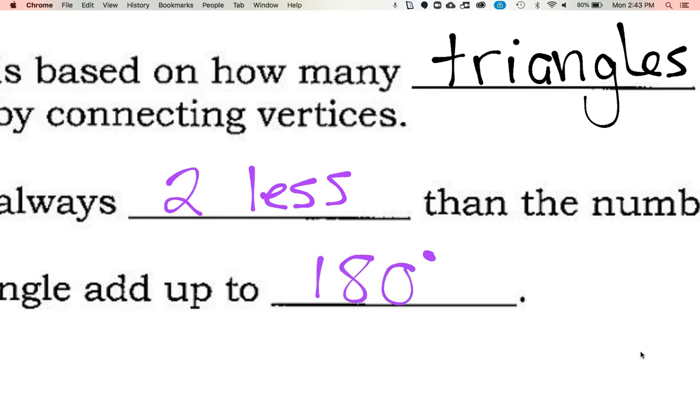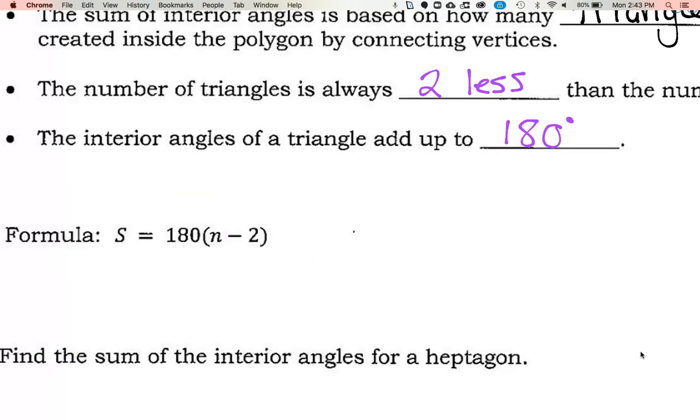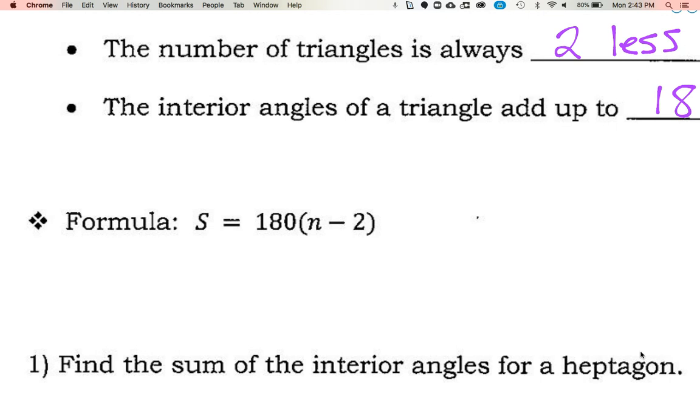So if each of those 5 triangles is 180 degrees, it would be 180 times 5. Or if we use the formula, 180 times, this is the amount of triangles, 2 less than the number of sides.